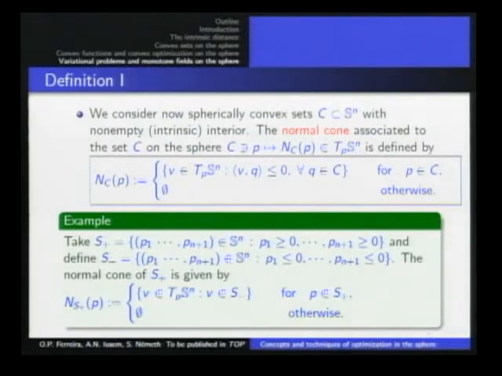Here I take the tangent cone to the intersection of the sphere with the positive orthant, and they are just the vectors which are in the negative orthant.